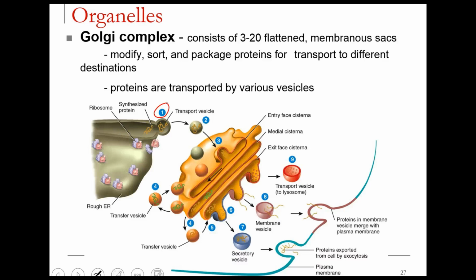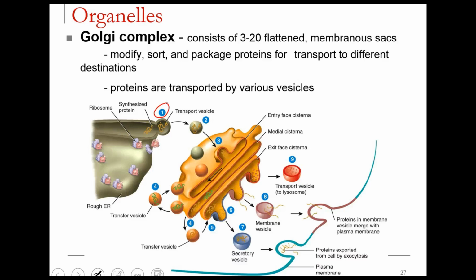The Golgi complex will pull in that transport vesicle by endocytosis, and the protein will be modified by the Golgi complex. So the Golgi complex will modify the proteins, sort them as to where they should go, and package them. Some people refer to this as a distribution center, a repackaging and redistribution center for the cell.